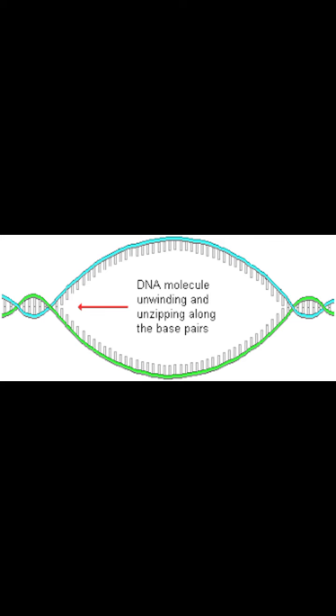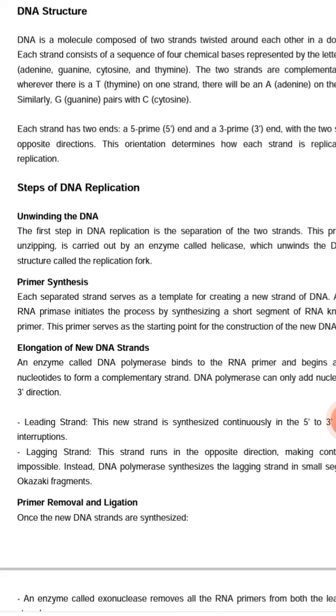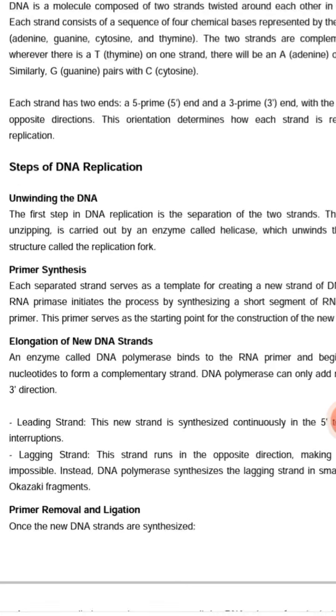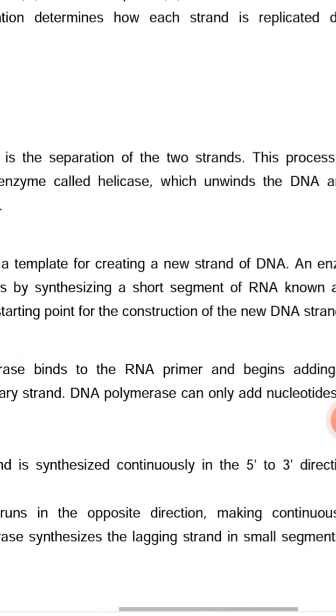It's carried out by the enzyme helicase, and this enzyme will unwind the DNA and form a structure called the replication fork. So this is an example of what the replication fork is all about and how it looks like. Then after that, each of those two separated strands will serve as a template, as I said before, a mold or a guiding pattern to create a new strand of DNA.